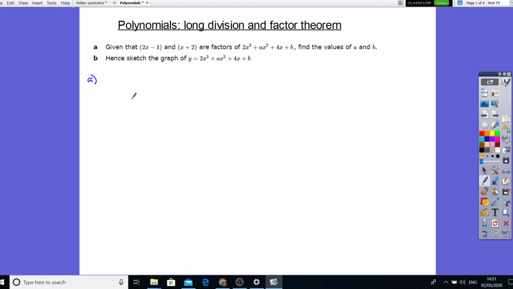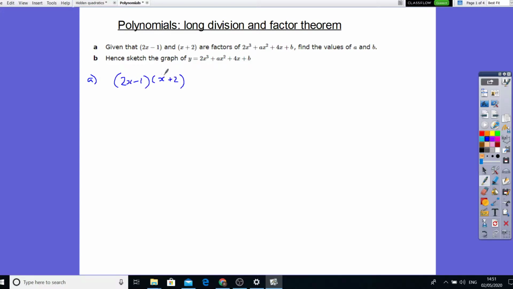So now this is a cubic graph. What we should be doing is getting all the factors. So we've got a factor here, 2x minus 1, and we've got the second factor here, x plus 2. Now we've got the third factor here, which we don't know. We need to find it out.